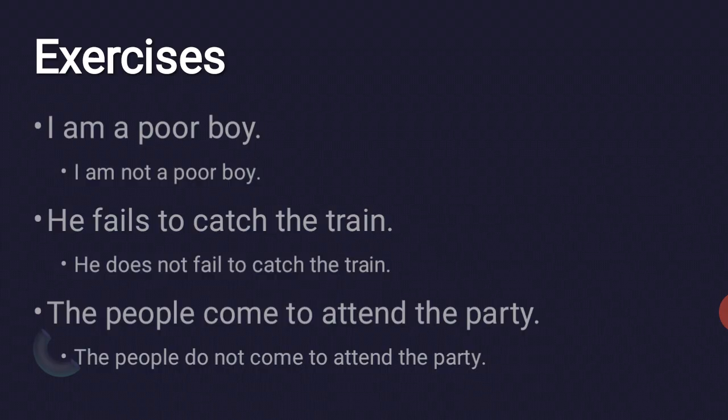It is helping to split the main verb. Then we have the negative sentence. For example, he fails to catch the train. He doesn't fail to catch the train. But some other sentences have am, is, was, were, which are actually auxiliary verbs or be-form verbs, and have in perfect tense, and sometimes it acts as the main form of a verb in the sentence too.